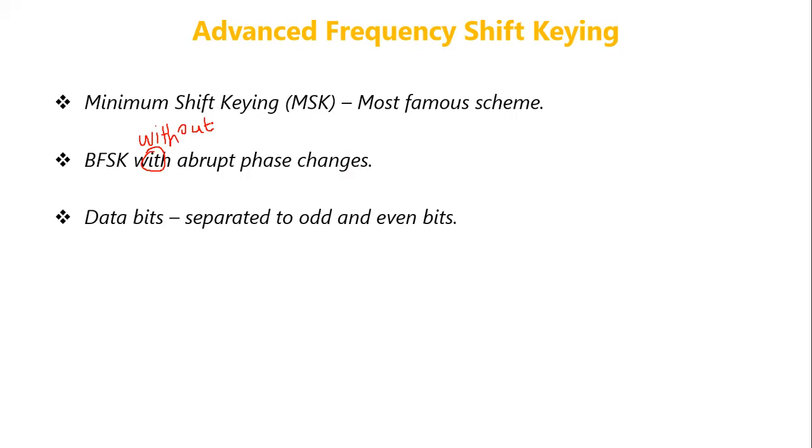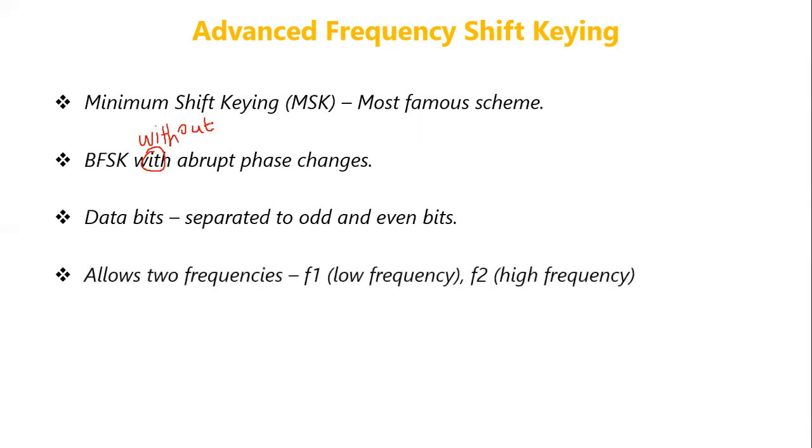Here, first the data bits will be separated into odd and even bits. Then we'll use two signals with different frequencies: one with a low frequency F1, the other with a high frequency F2.